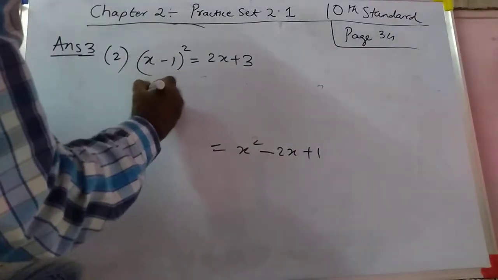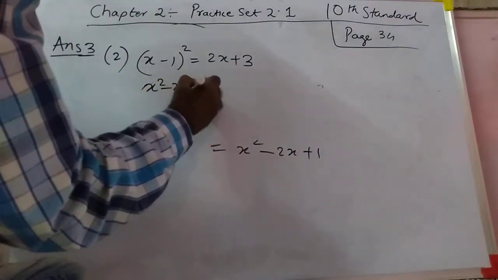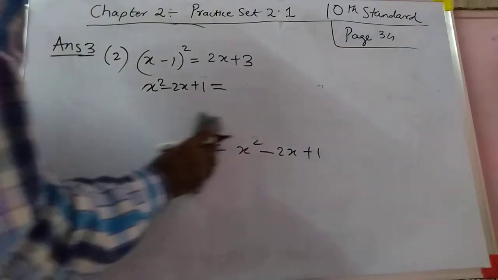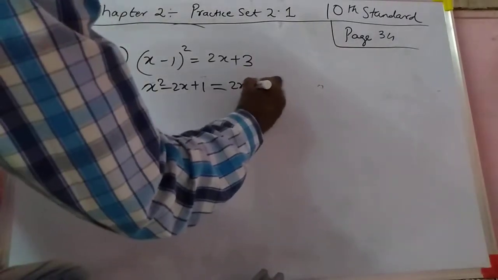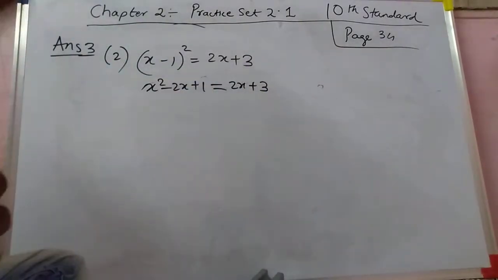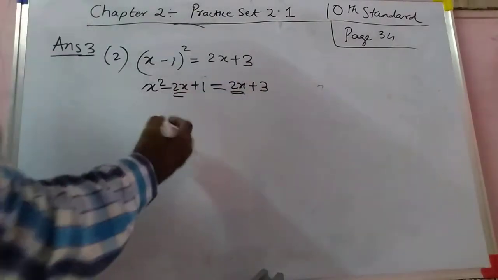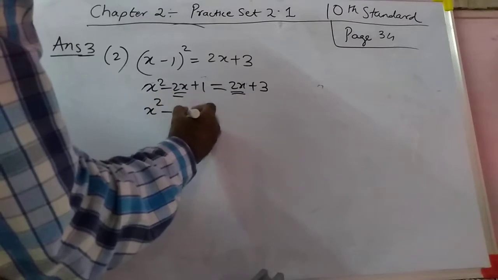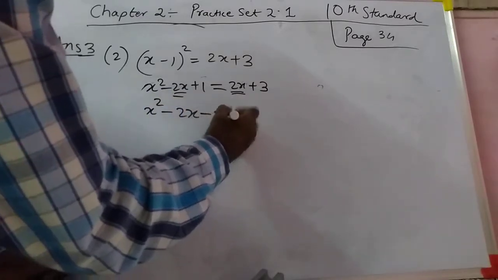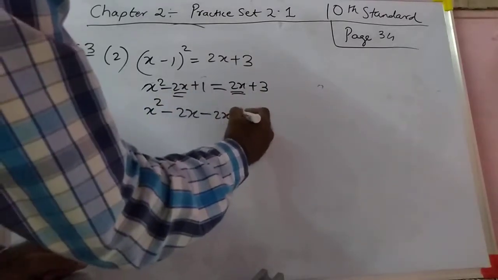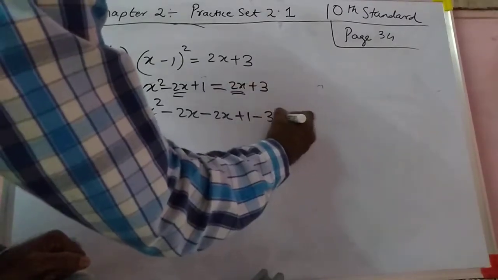So this will become x square minus 2x plus 1 is equal to 2x plus 3. अब क्या करना है, what you have to do, this is x, this is x. तो इसको ग्रुप करेंगे, we'll group it x square minus 2x, and number group it plus 1 minus 3 is equal to 0.